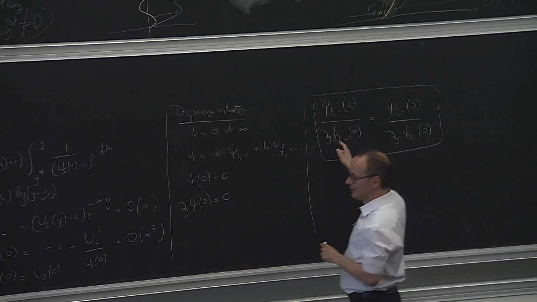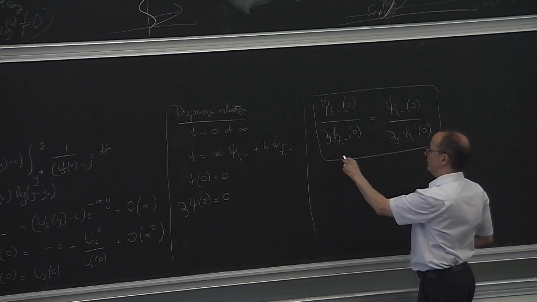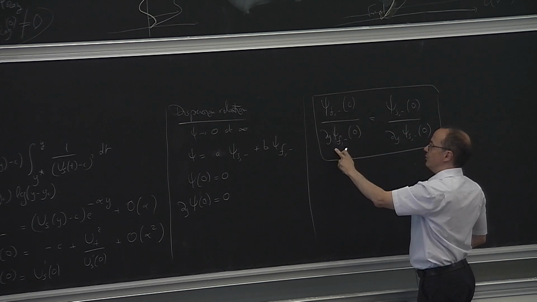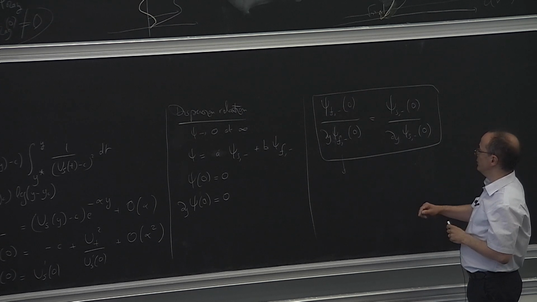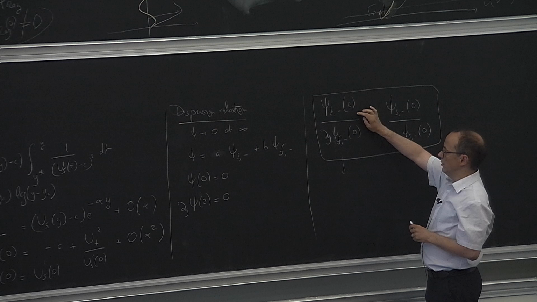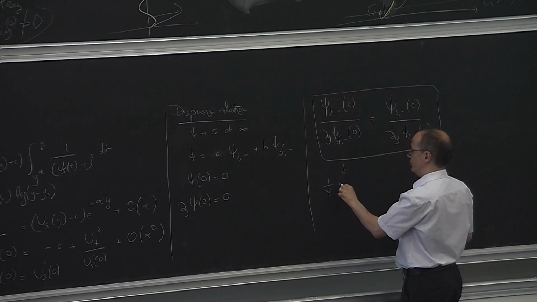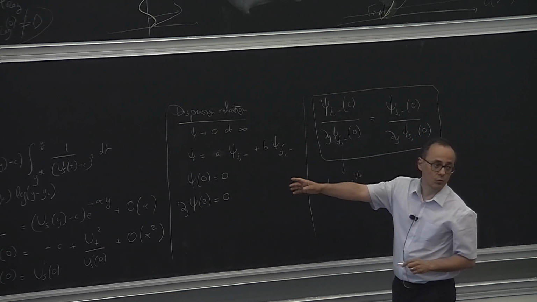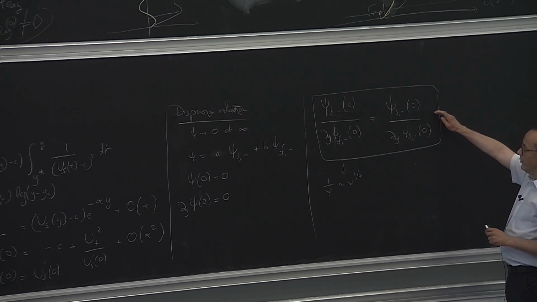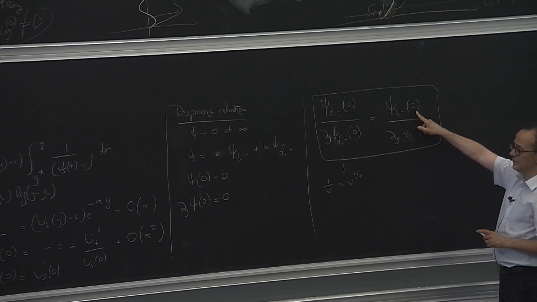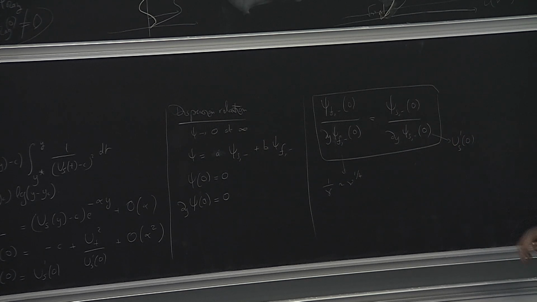Okay, so let us look at that. This is the fast mode, and this is small because it is much smaller than that. And so this is of order 1 over gamma, which turns out to be epsilon to the 1/4. And this can also be very small if psi_s minus of 0 is small, because the one on the bottom is basically U prime, so basically it's given.